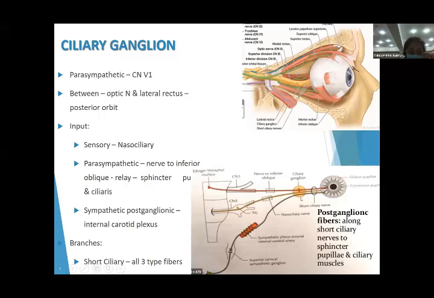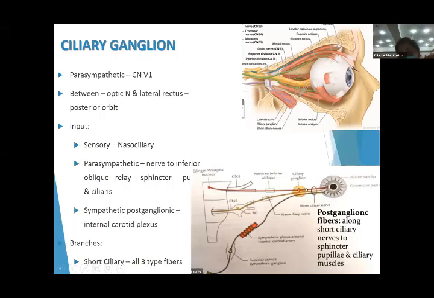Okay? The parasympathetic fibers pass through the oculomotor nerve. They are carried with the inferior division of the oculomotor nerve, and from there they pass into the nerve to the inferior oblique. We have already done this. They pass forwards, leave the nerve to the inferior oblique, and enter the ganglion. Since they are parasympathetic fibers, they relay in the ganglion.